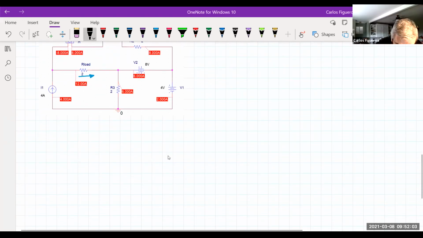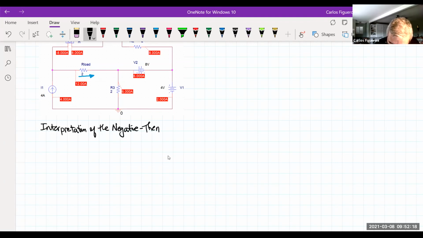This is going to be the interpretation of the negative Thevenin resistance.